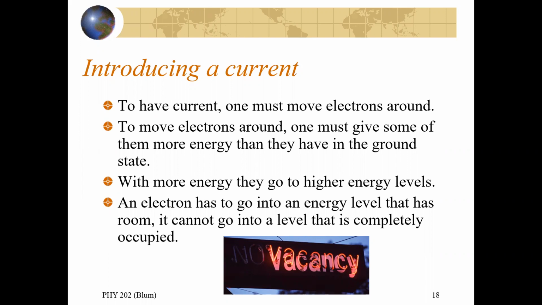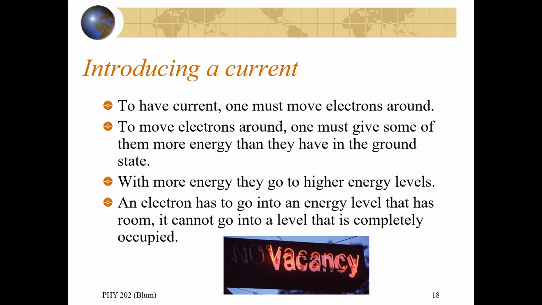It's possible to think of the states as having some of the electrons moving to the left and some of them moving to the right. But the ground state will have as many going to the left as going to the right, so there'll be no net current. If I want a net current, I need to move some electrons up into slightly higher levels to get more of them going to the right than going to the left, then I get a net current.